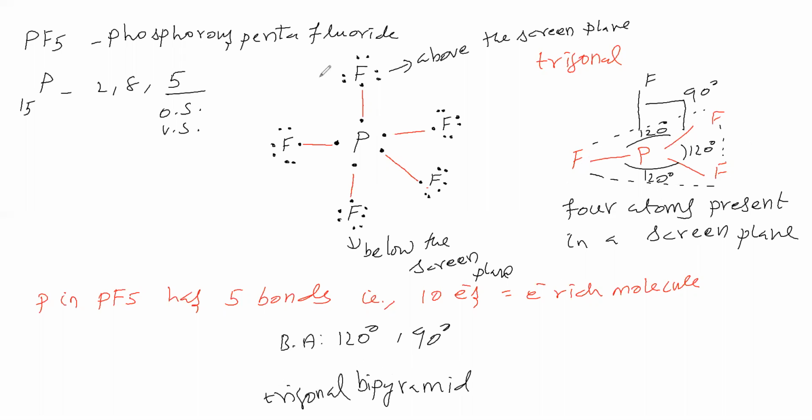Therefore the shape of the PF5 molecule is trigonal bipyramid, with bond angles of 120 degrees and 90 degrees. PF5 is an electron rich molecule, and phosphorus has 5 sigma bonds.